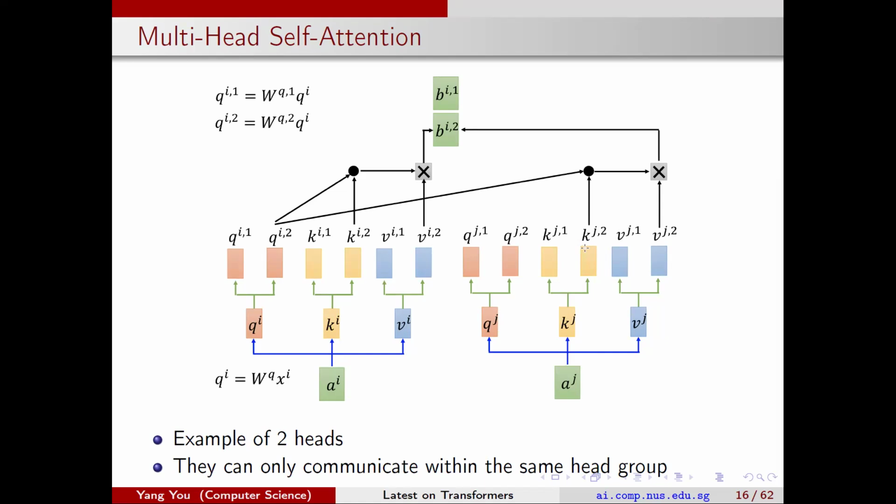Now a question: BI1 and BI2, do they have the same dimension or the same shape? They are vectors. Not necessarily, but they can have the same dimension. It's whatever dimension.